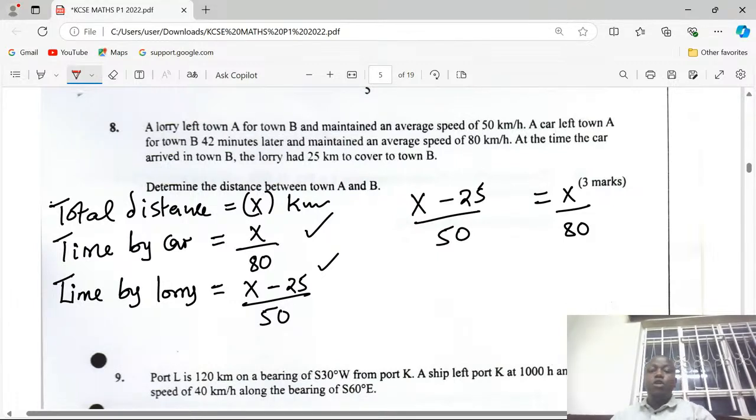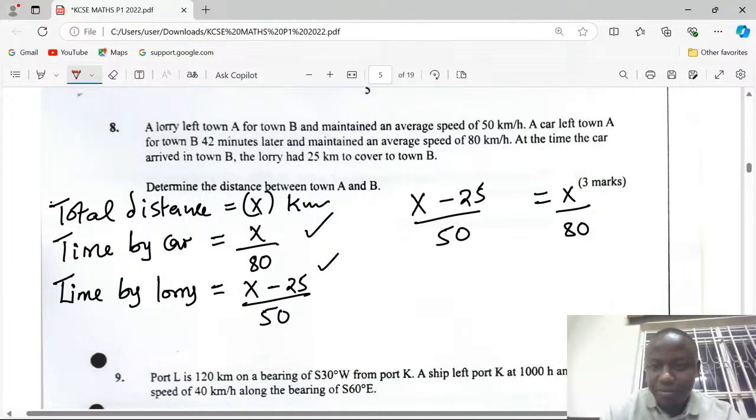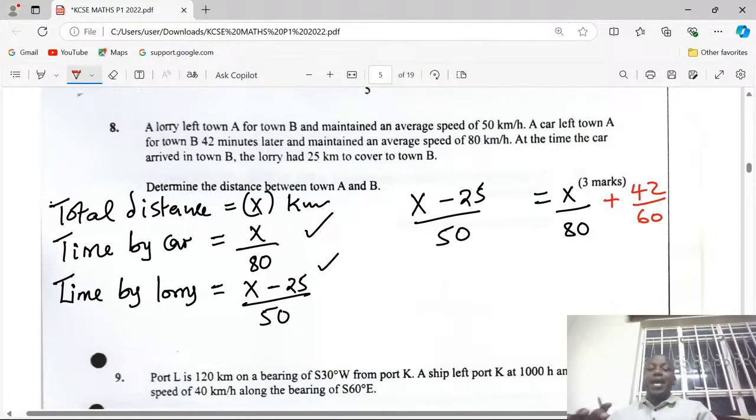Within the same time for the lorry, there is also a 42 over 60 because we have to convert it. So we need to add 42 over 60 because the lorry is ahead in time.